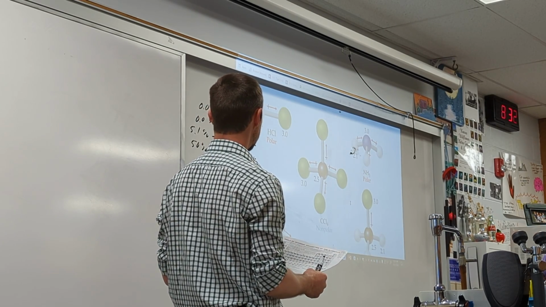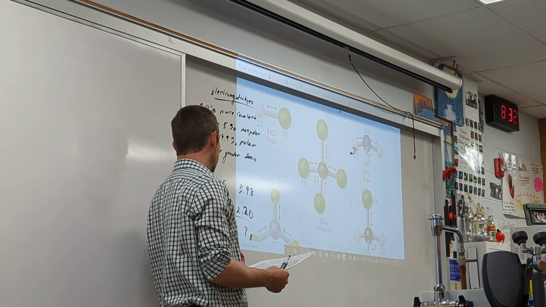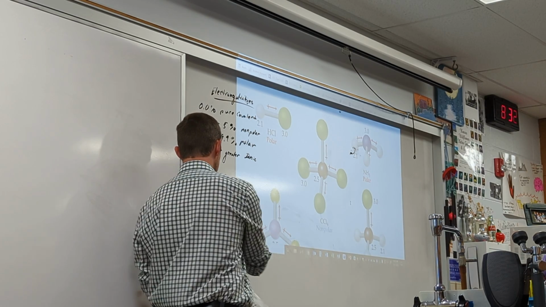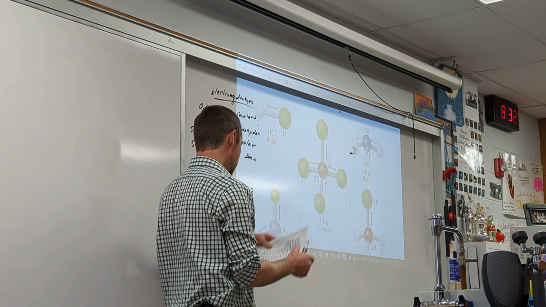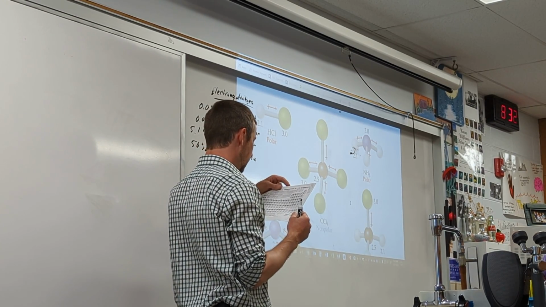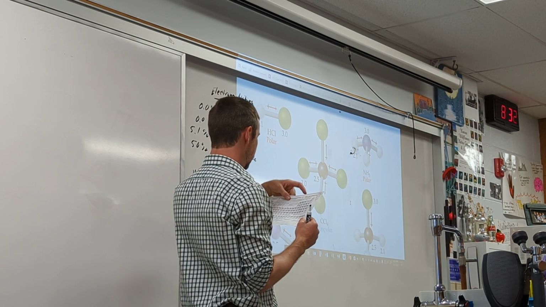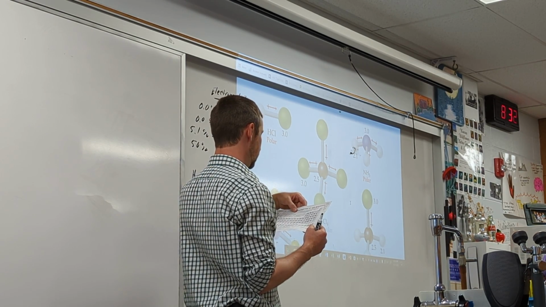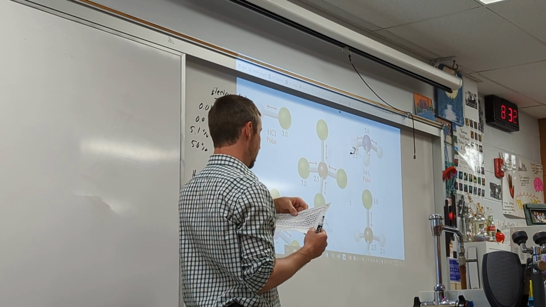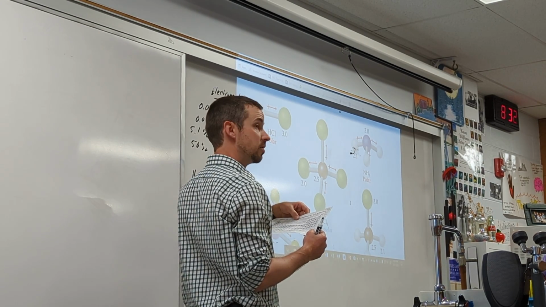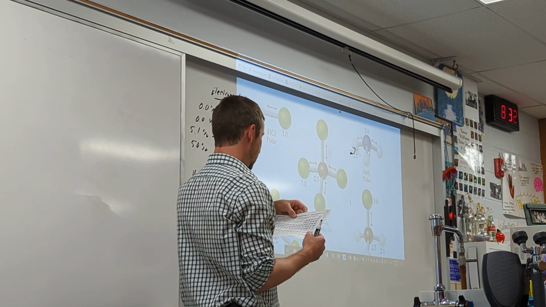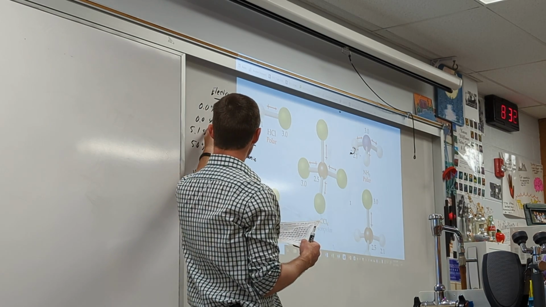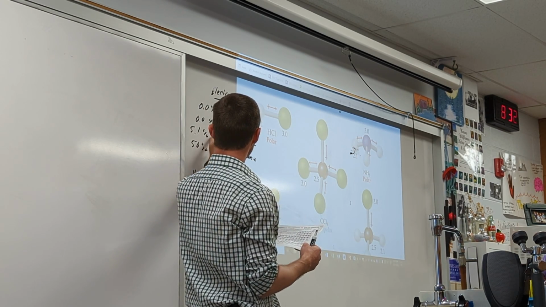Greater or less than 1 difference in electronegativity? Less than 1. So if you go up to there, are you greater or less than half a difference in electronegativity? Greater than half. So you're between 0.5 and 1 as a general reference frame. Is that corresponding to the percent ionic character of nonpolar or polar?